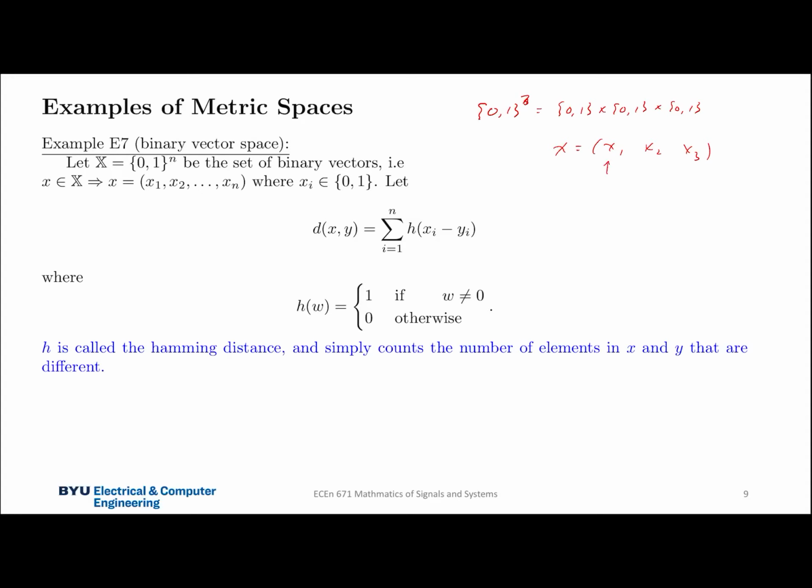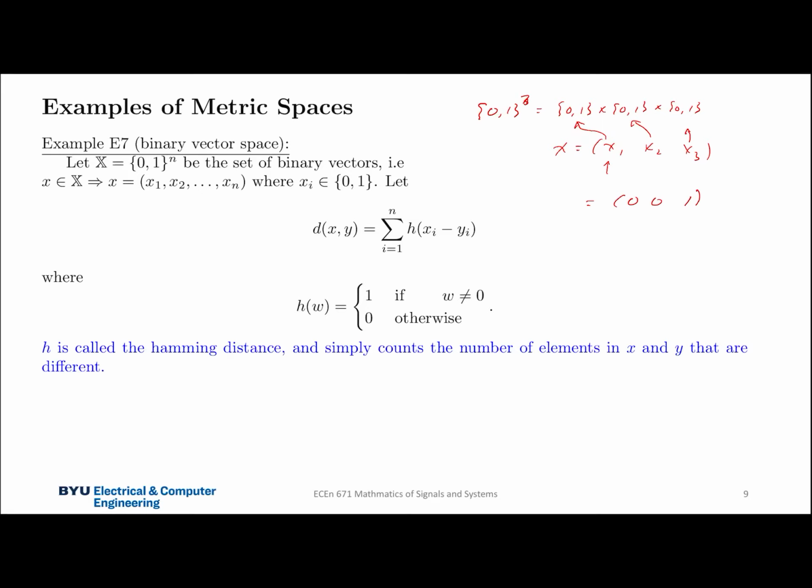And X1 is going to come from this set. It's either going to be 0 or 1. X2 is going to come from that set. It's either going to be 0 or 1. And X3 would come from that set. So, for example, X might be equal to (0, 0, 1), as an example. Okay, so X will be finite dimensional in the sense that there's only a finite number of elements. Or it's not only finite dimensional, it's just a finite set.